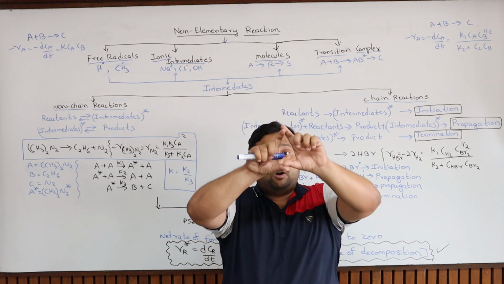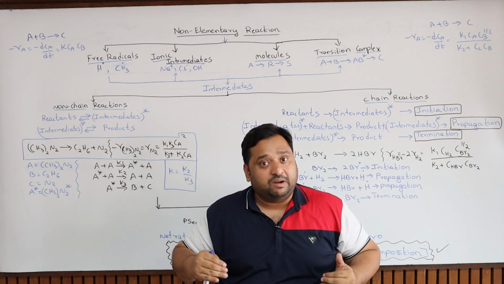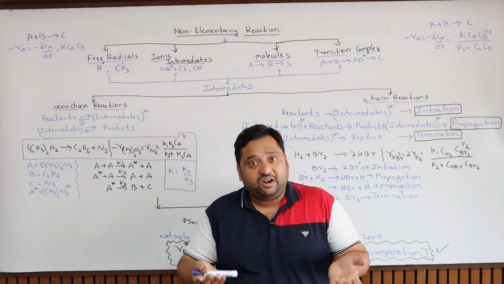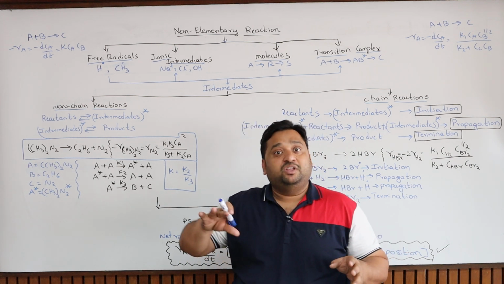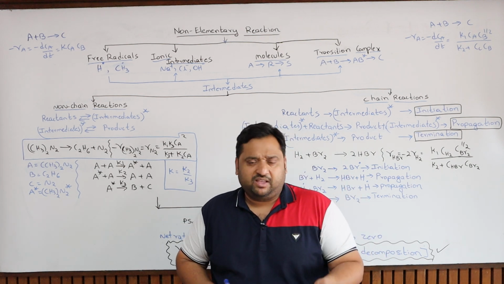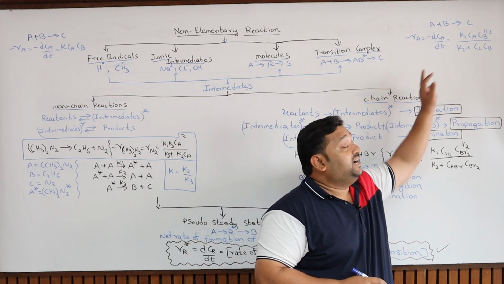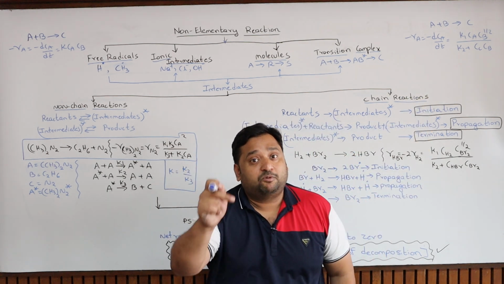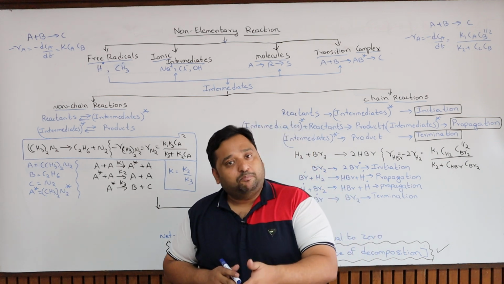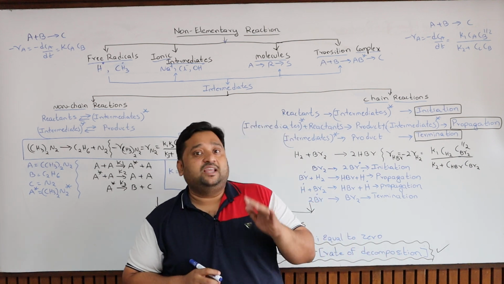In these elementary steps we have to identify which one is the reactant, which is the product, and which are the intermediates. Based on that we can get the final rate expression by applying the concept called the pseudo steady state hypothesis. Primarily it applies to this kind of non-elementary reaction. Let us deal with this.